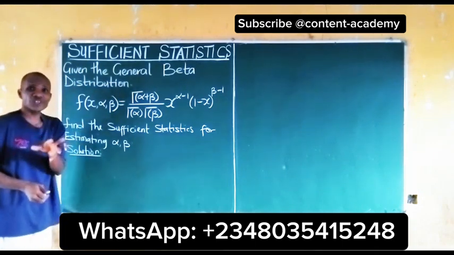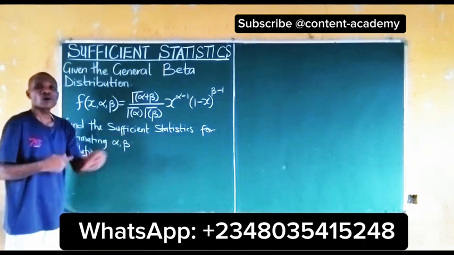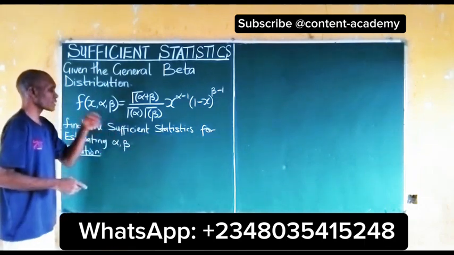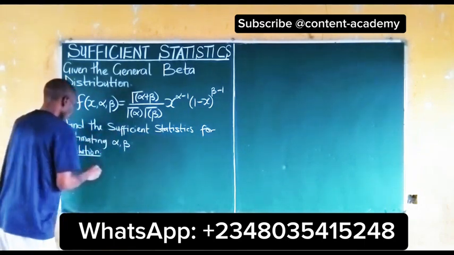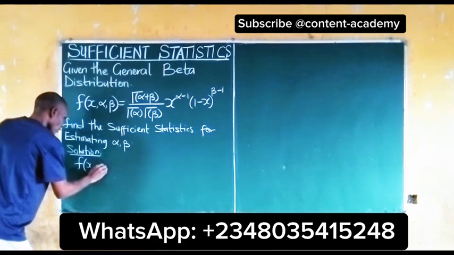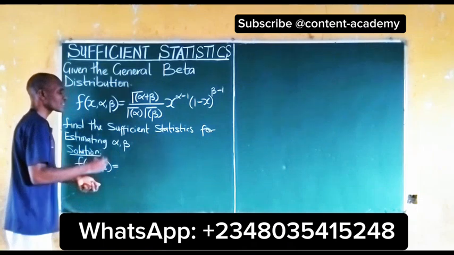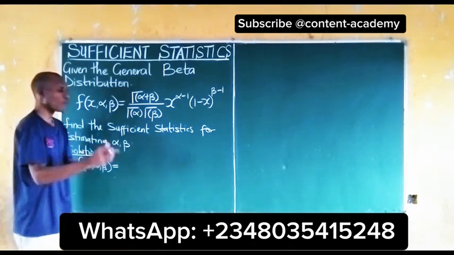The factorization theorem is used to explain the sufficient statistics, or it can be used to find the sufficient statistics. And what does the factorization theorem state? It states that, in this case we have alpha and beta, for a statistic to be sufficient, it must be factored into two components.